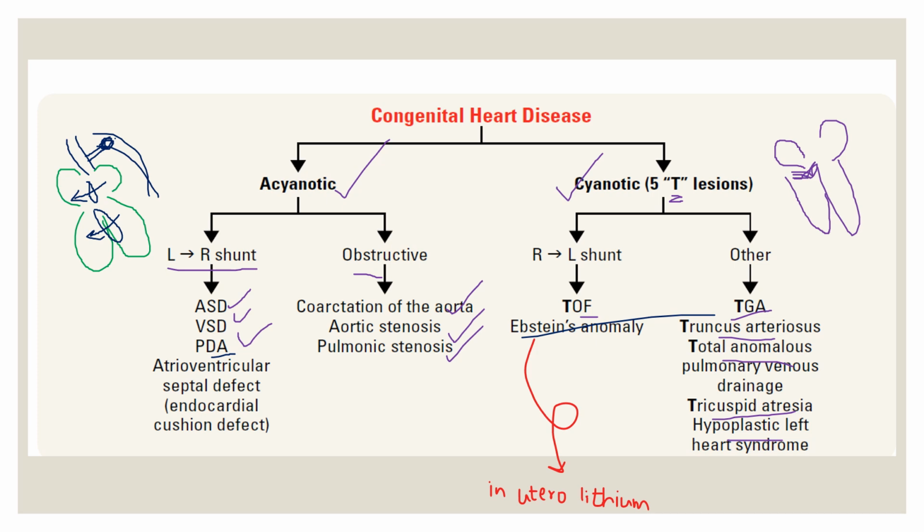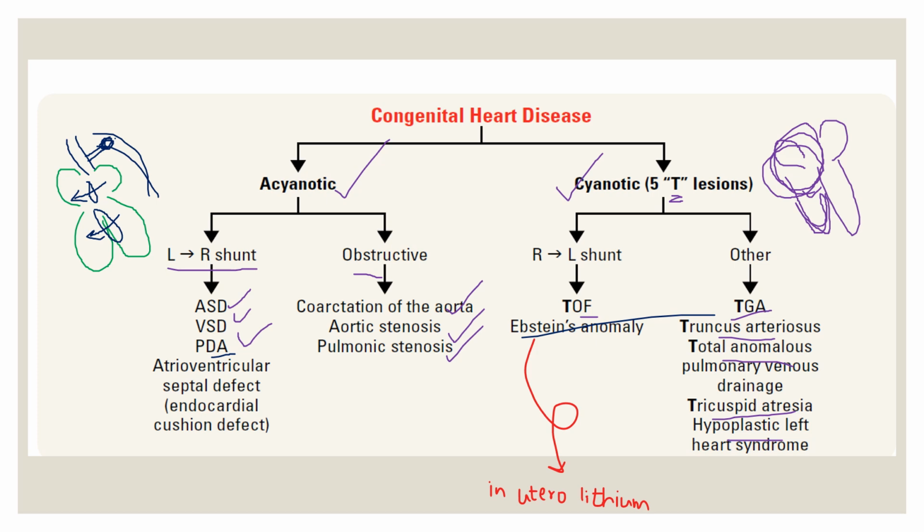Tricuspid valve. Usually the tricuspid valve will be situated here, but in Epstein's anomaly the tricuspid will be situated a little bit down, like here. So this much area will be your right atrium, and only a small part will be your right ventricle. So that is called atrialization of the ventricle. Most of the actual ventricle is becoming atrium because the tricuspid has been pushed a little bit down.